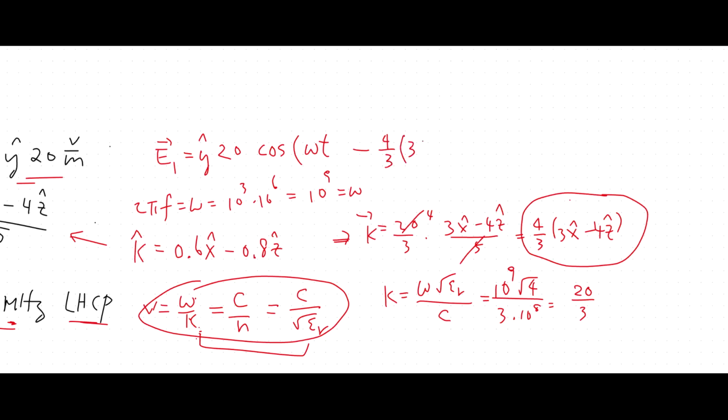Make sure you do not write a hat here because it's wrong. You cannot have any vector inside the sine and cosine. You cannot have any vector in the denominator. And then the unit is volt per meter. Any question up to this point?